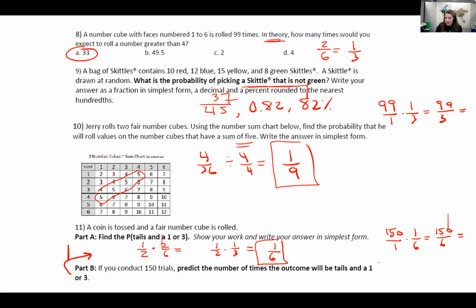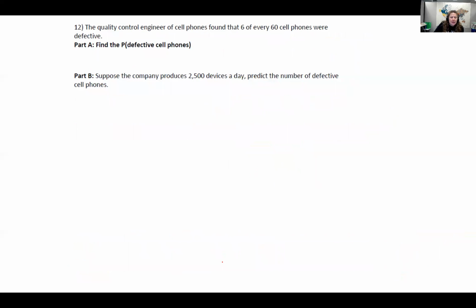So I have 75 over 3, and 75 divided by 3 is 25. Or I could have just divided 150 by 6 and I would have gotten 25. So 25 times.